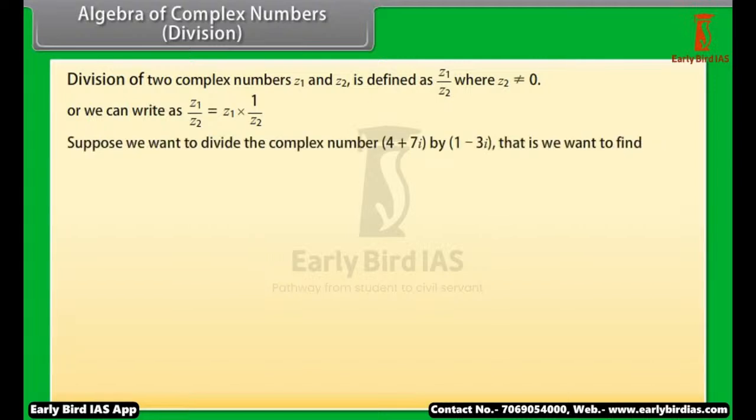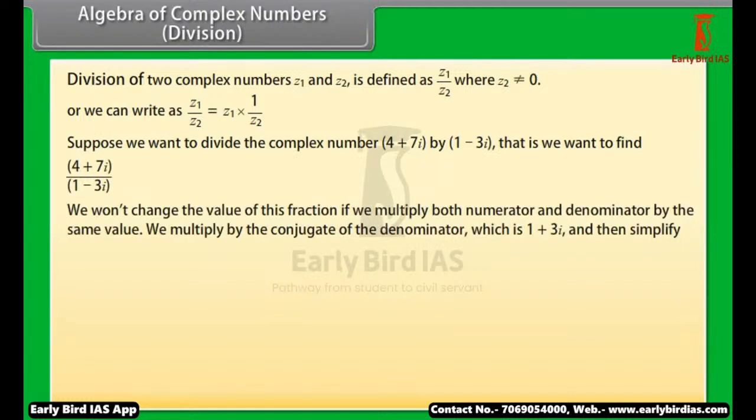Suppose we want to divide the complex number 4 plus 7 iota by 1 minus 3 iota. That is, we need to find this. We won't change the value of this fraction if we multiply both numerator and denominator by the same value.